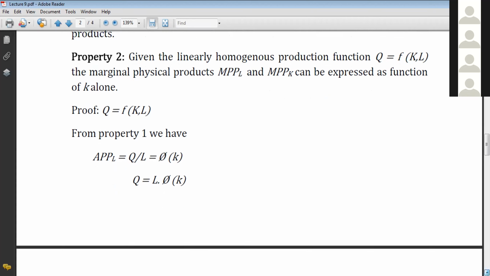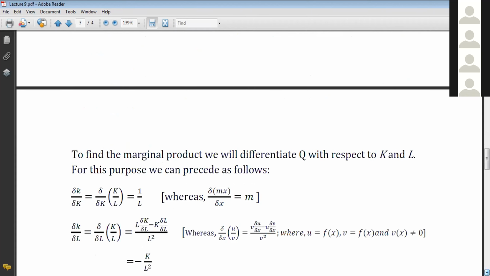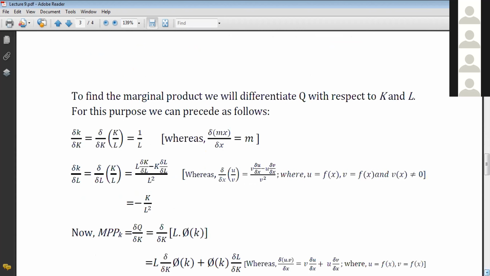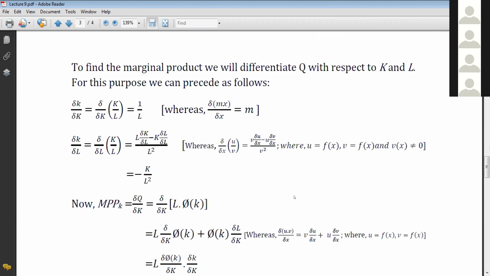Okay. So to find the marginal product, we differentiate Q with respect to capital and labor. What is MPPK? MPPK means the change in output with respect to the change in capital, so we can write it as del Q divided by del K. Here Q means L into a function of small k.